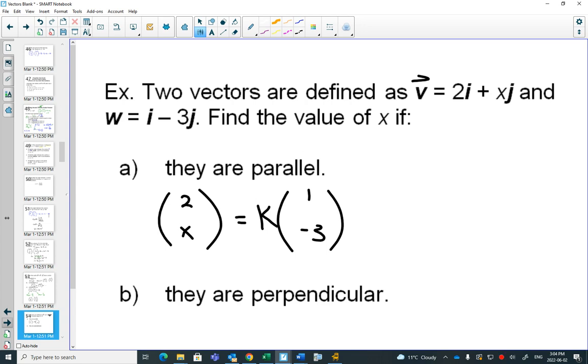And you can put the k on either side. So it really doesn't matter. If I put the k where I did, can you see that k has to be 2? That's the only way I can make the x parts the same. And if k is equal to 2, that tells me that x has to be negative 6.